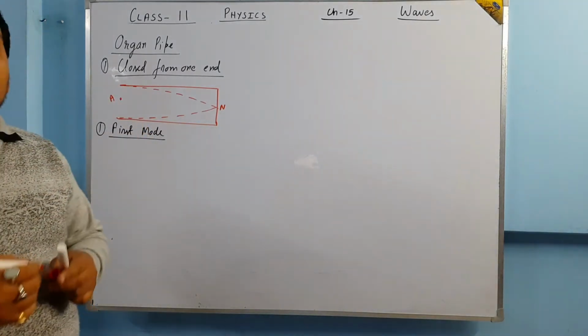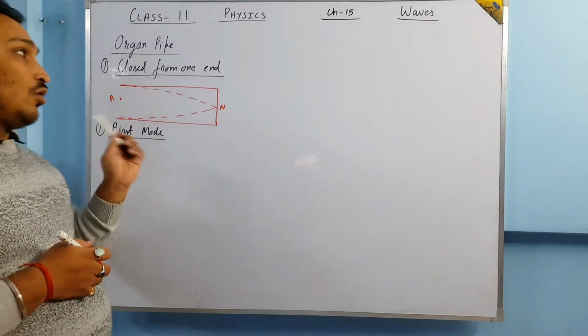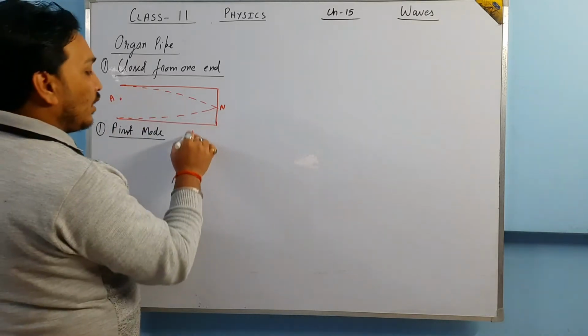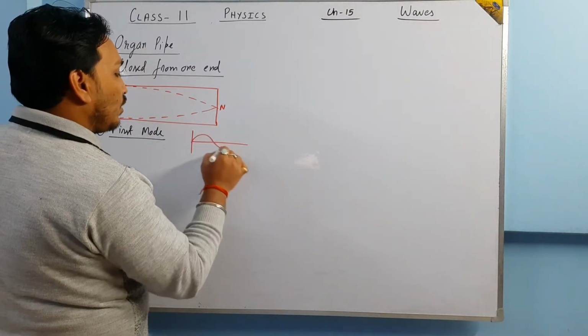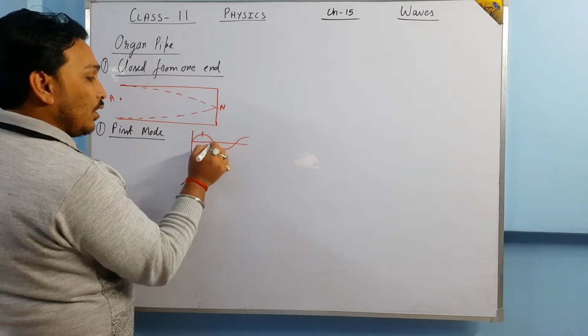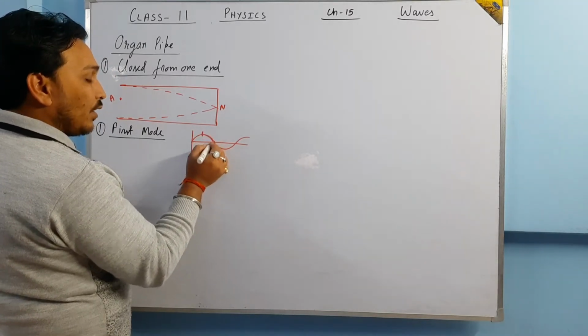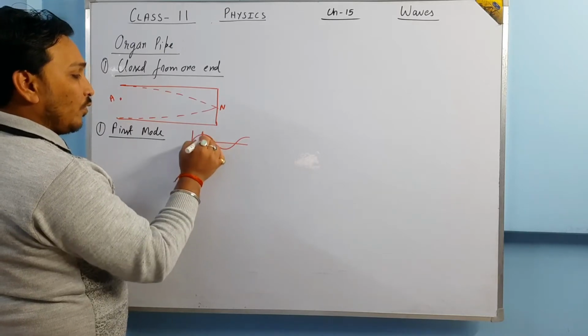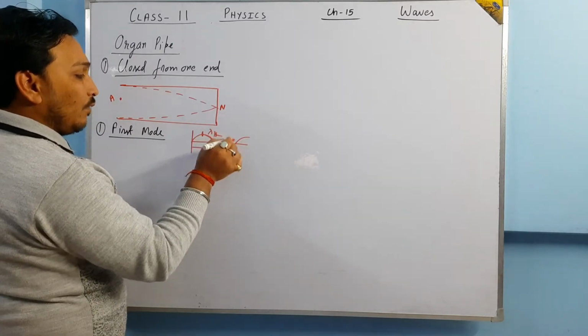So this is the minimum frequency which can be formed in a pipe closed from one end. Now if you compare this length, from here till here it is lambda by 2, so from here till here it is lambda by 4.